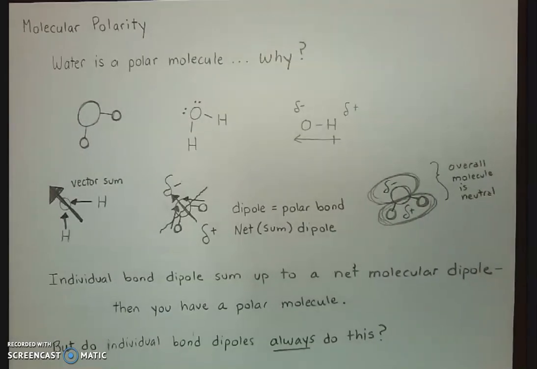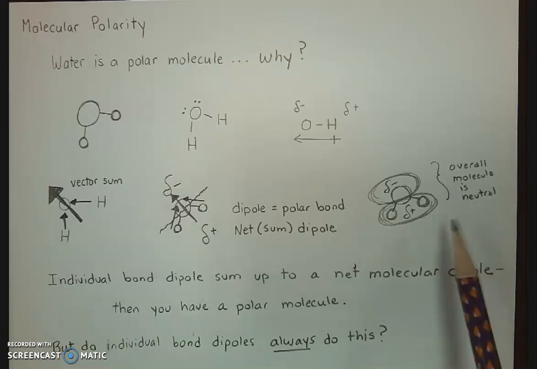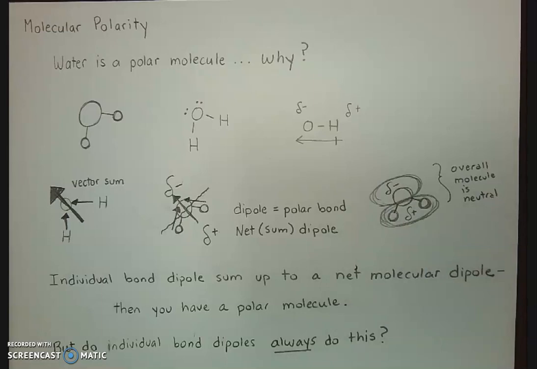So again, what is molecular polarity? It results from individual bond dipoles adding up to a net molecular dipole. What we see in nature is that the water molecule, or any polar molecule, has an imbalance of charge on it. It's overall neutral, but it is showing an imbalance where one side shows a partial negative, one side shows a partial positive.